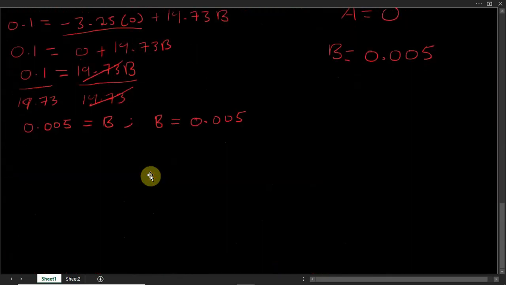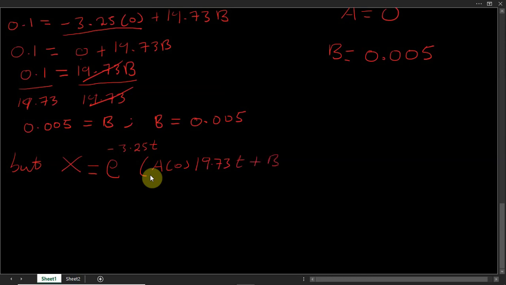So let's do that. We have our solution, which is x equals e raised to power negative 3.25t, then we have our A cos 19.73t plus B sine 19.73t.